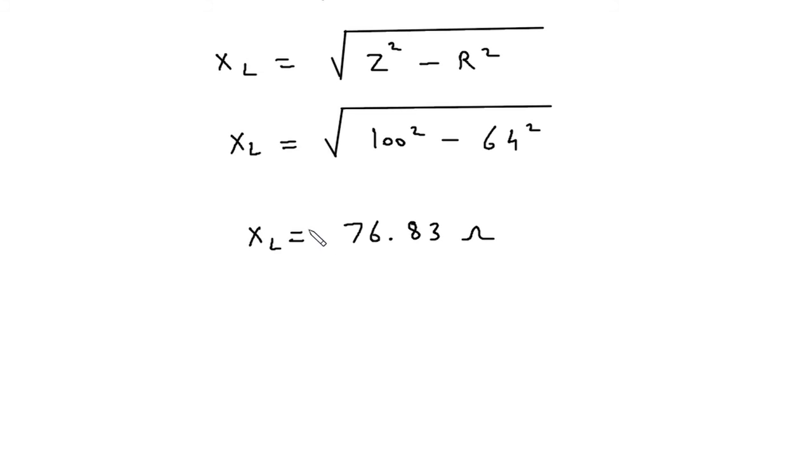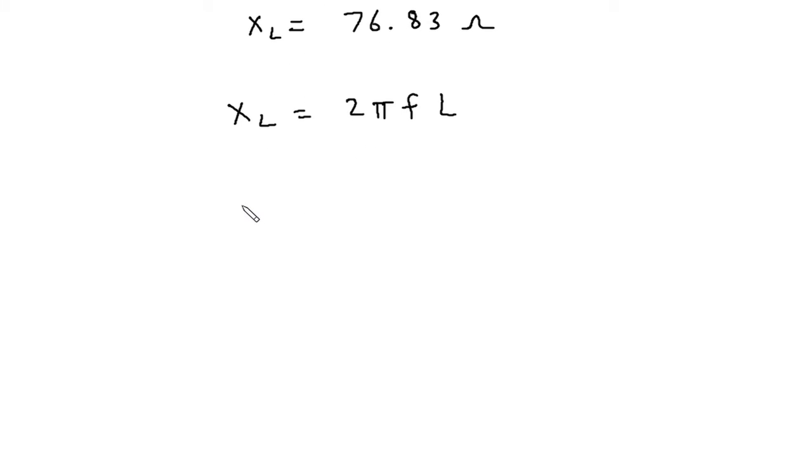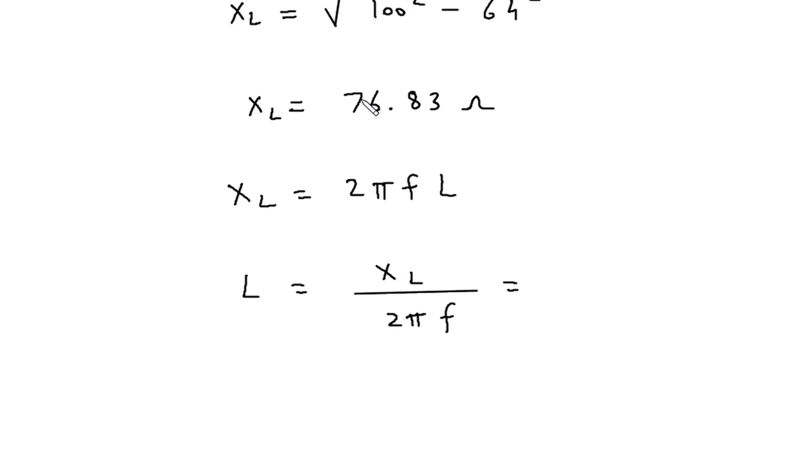So this is the value of XL, that is inductive reactance, but we have to find inductance, and inductance will be XL is equal to 2 pi F into L. So from here we can say L is equal to XL divided by 2 pi F. Now the value of XL is 76.83.